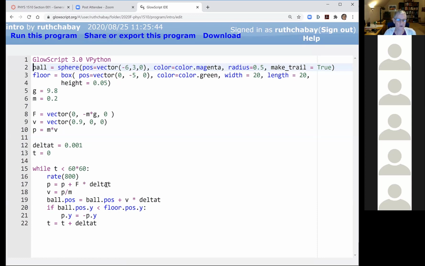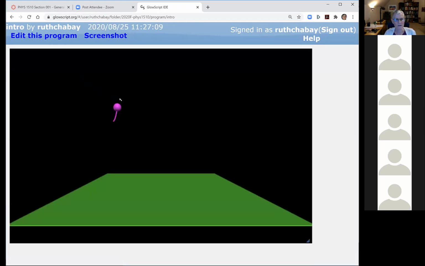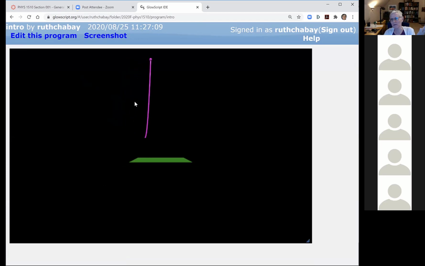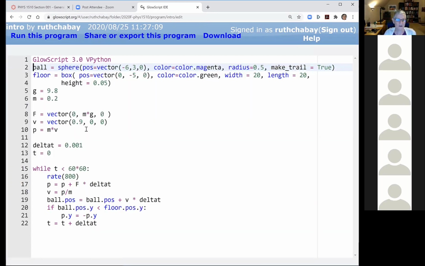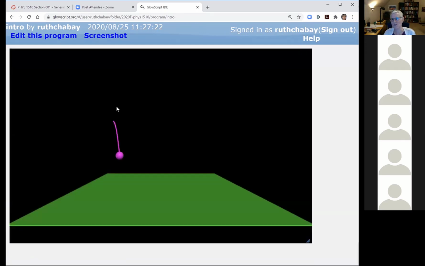Now, this, of course, is just a model. So what would happen if we reversed the direction of the gravitational force? Either by making a mistake or by just to see what would happen. Now our ball falls up. So computational modeling, let's put it back so it falls down, but computational modeling gives us a chance to experiment.